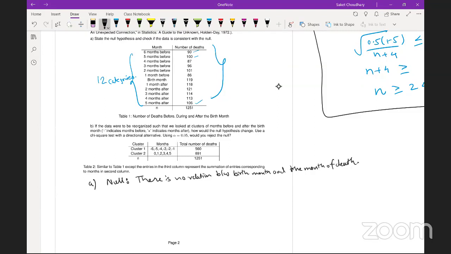Okay. And the alternate is, there is some relation. Okay, and what that is, we don't really care about right now, because it could go in either direction. Okay.